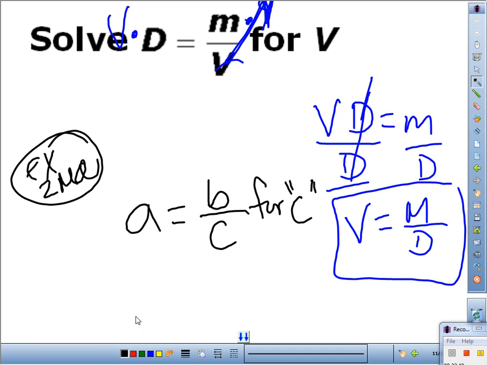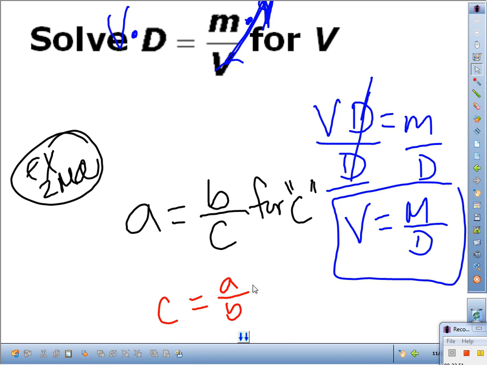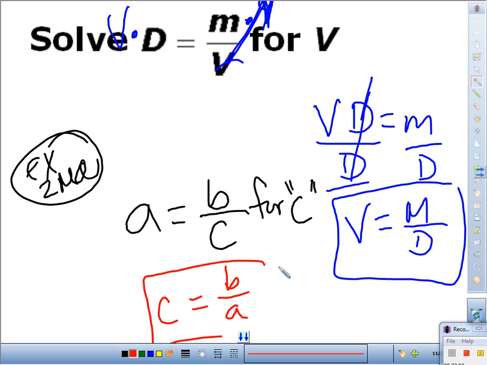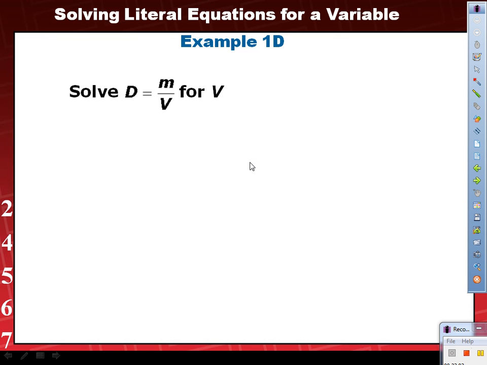Who got C equals A or B? All right, just checking. Throw that one away. How about B over A? Yay! All right, move on to funner stuff.